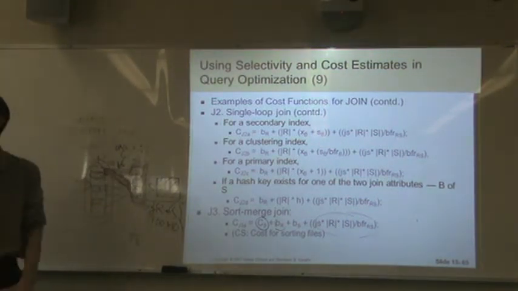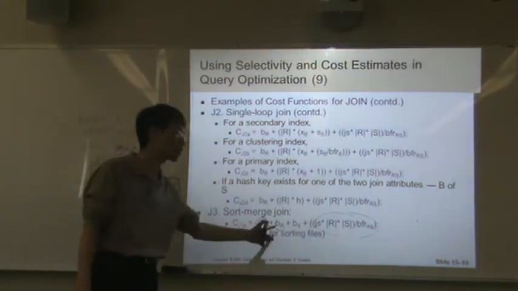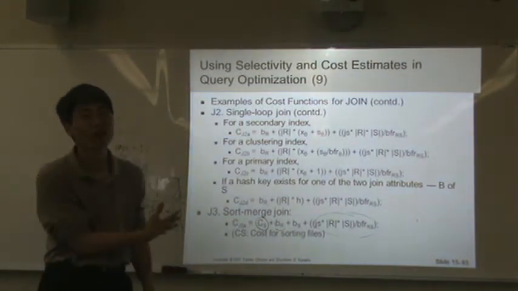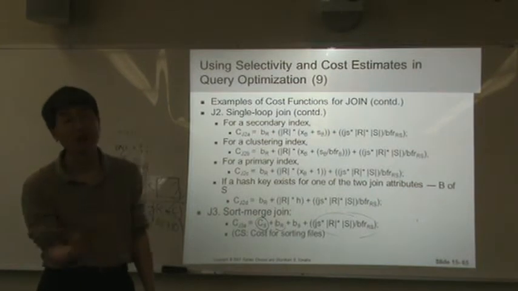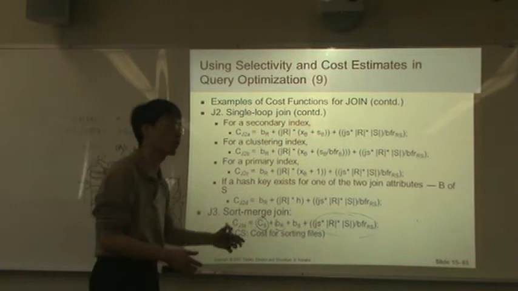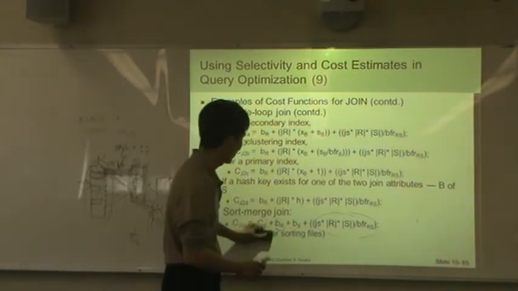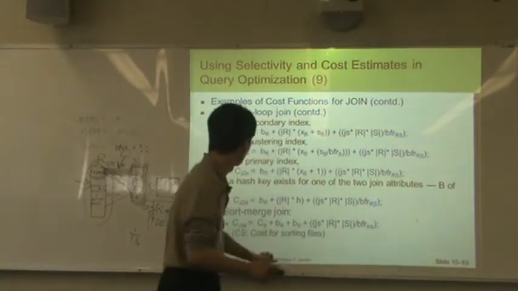It depends on the sorting algorithm. So that is the reason the cost for sorting is just a Z. If you have the sorting algorithm, you can use that one. It depends.